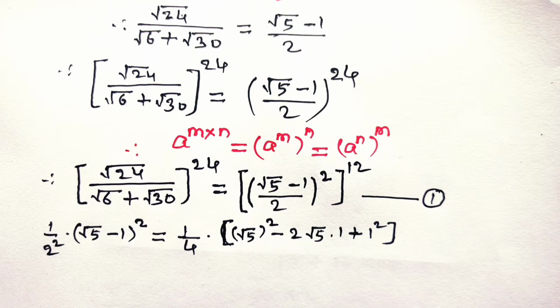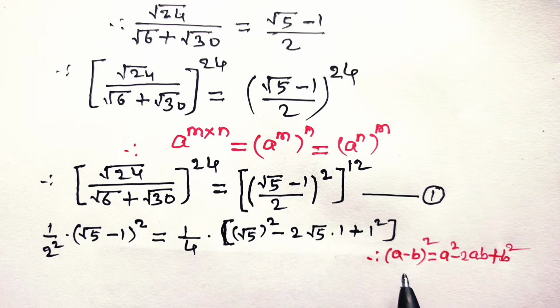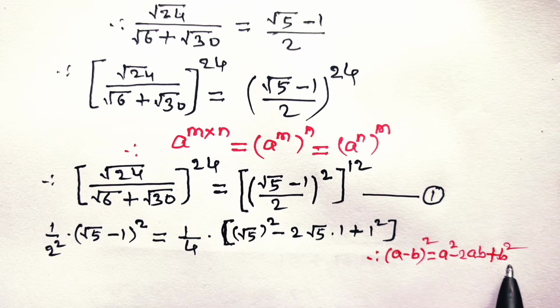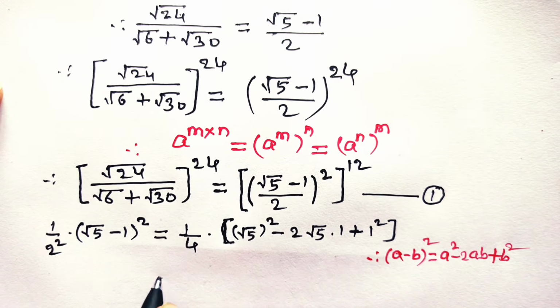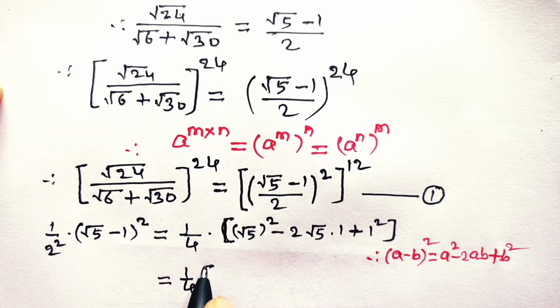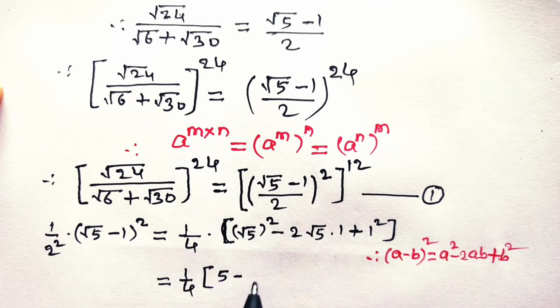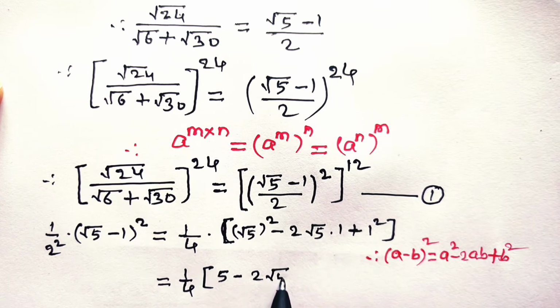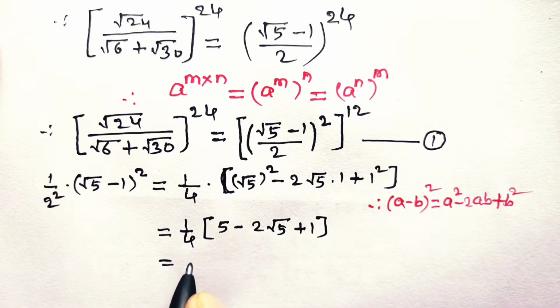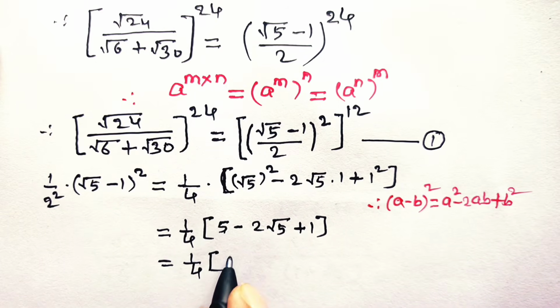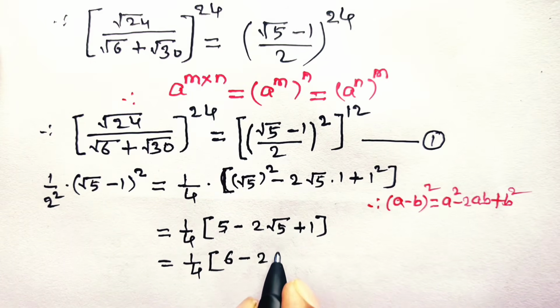This expansion uses the formula a minus b square is equal to a square minus 2 times ab plus b square. So this is equal to 1 upon 4 into bracket square root of 5 its square is 5 minus 2 times root 5 plus 1. This is equal to 1 upon 4 into bracket 5 plus 1 is 6 minus 2 times root 5.